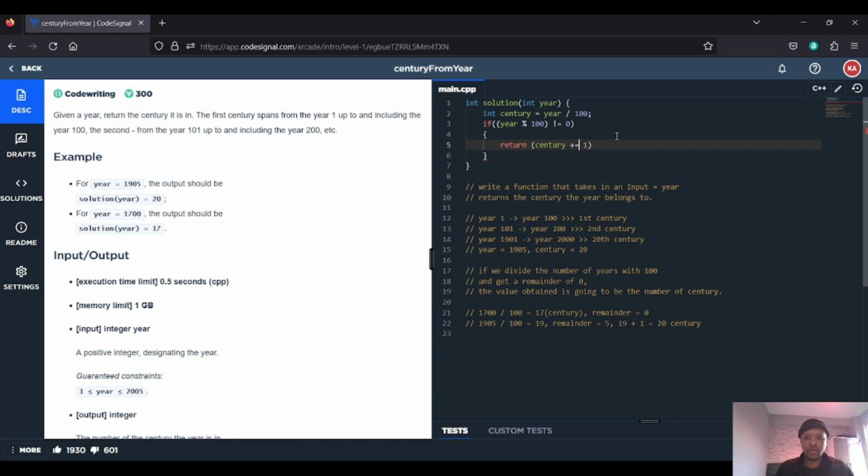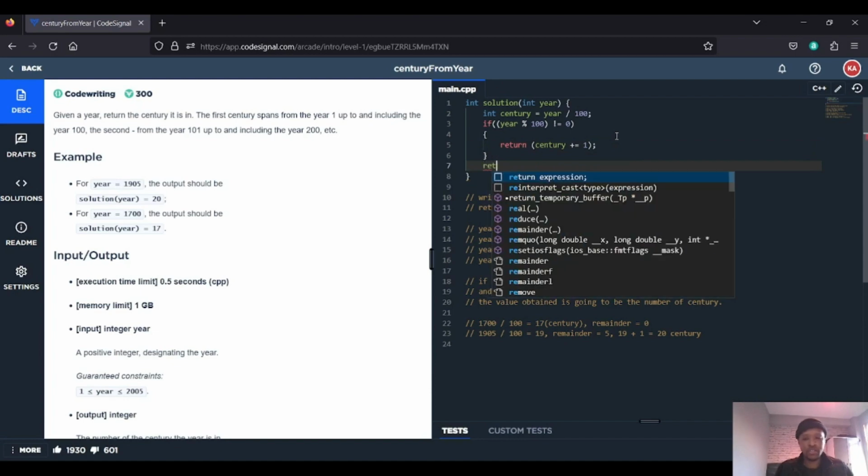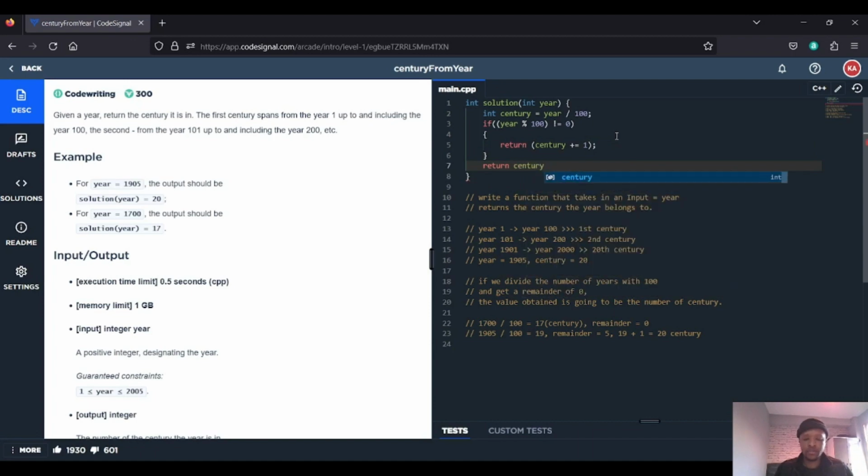Okay, but if that condition is not true, then we just return the value of the century.